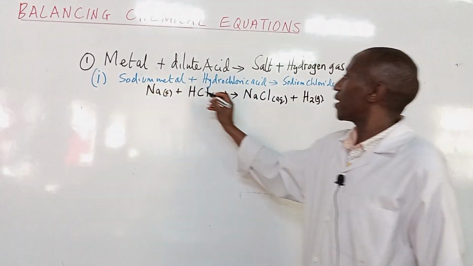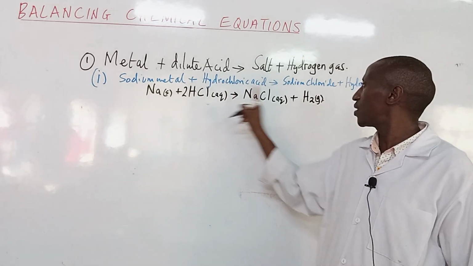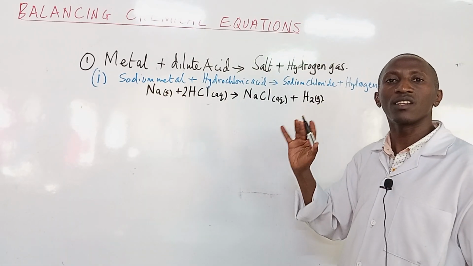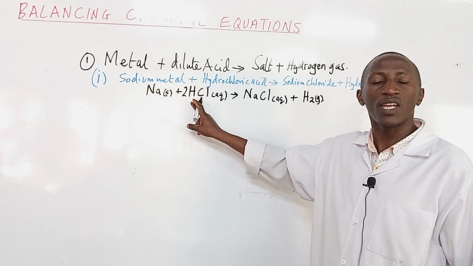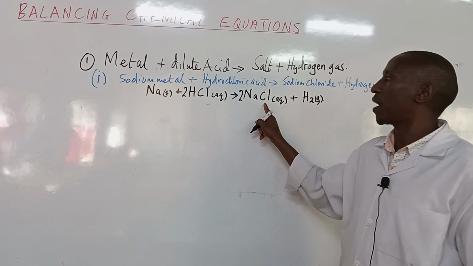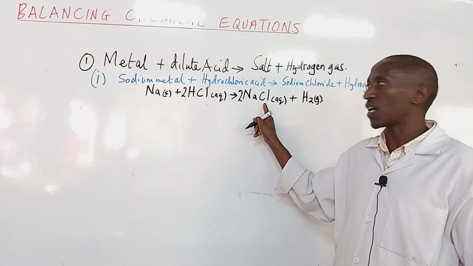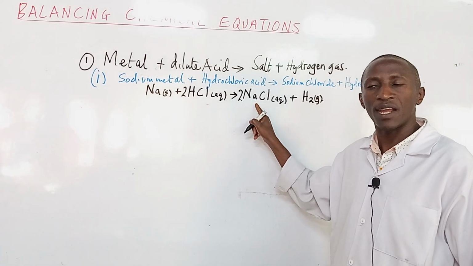So we put a 2 before HCl, and that creates two hydrogen atoms and two hydrogen atoms. So hydrogen is balanced. We have created two atoms of chlorine on the reactant side, so as far as chlorine is concerned, the atoms of chlorine are balanced.